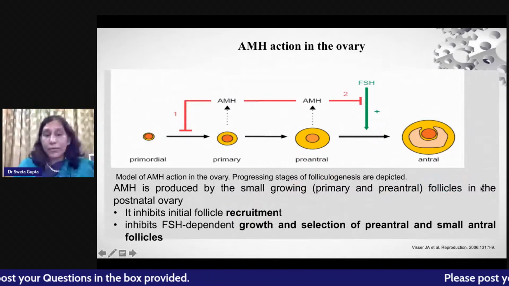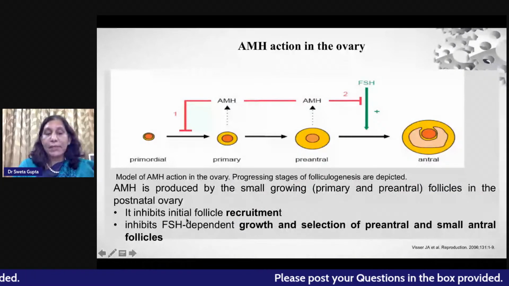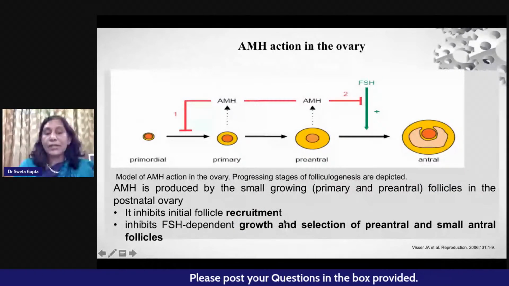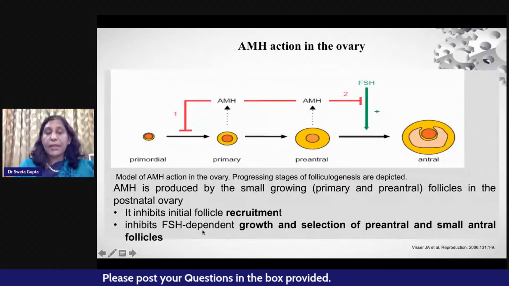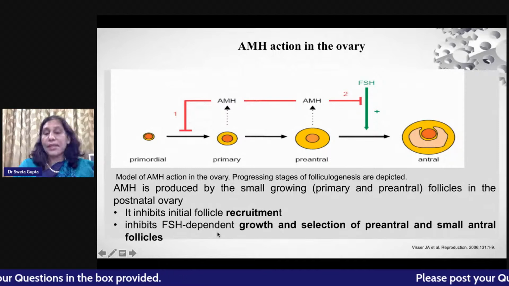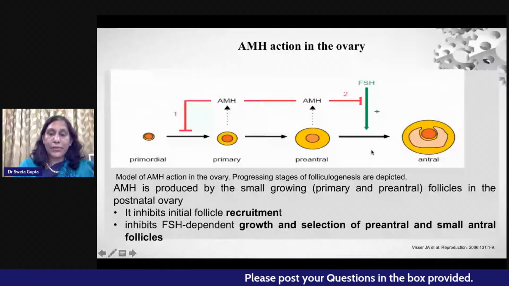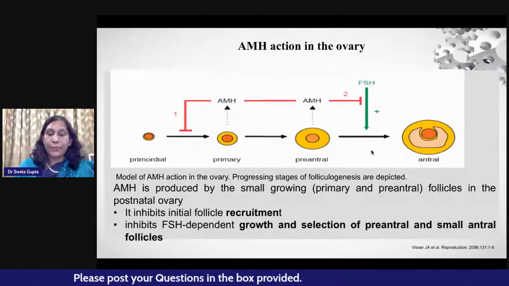It is not only produced by small growing follicles, but it has an inhibitory effect on the initial follicle recruitment. It also inhibits FSH-dependent growth and selection of pre-antral and small antral follicles. So this is step one, and here it also has an effect on pre-antral and small follicle growth.